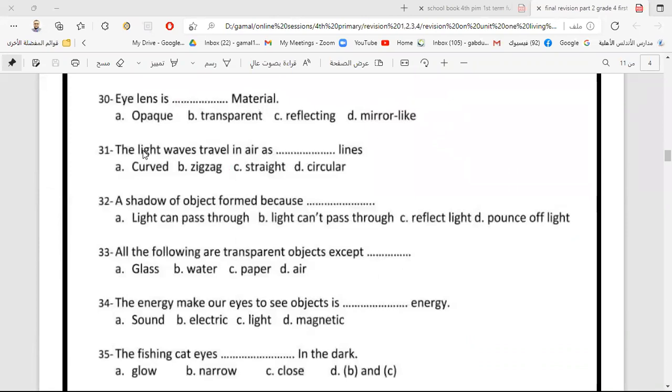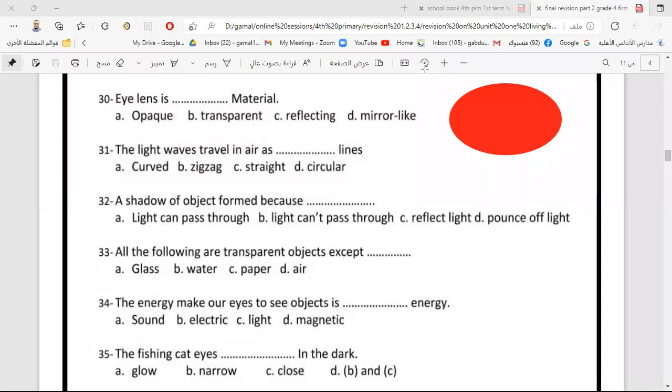The eye lens is a material, opaque or transparent or reflecting or mirror-like? The eye lens is what material? You have here the eye lens.